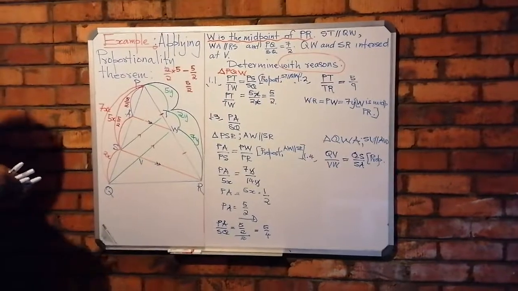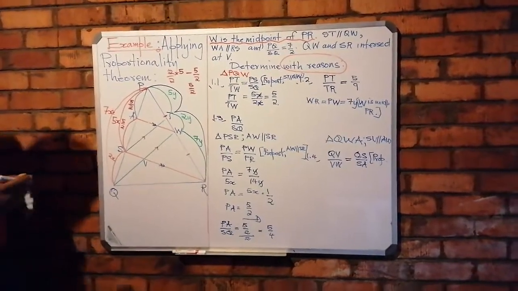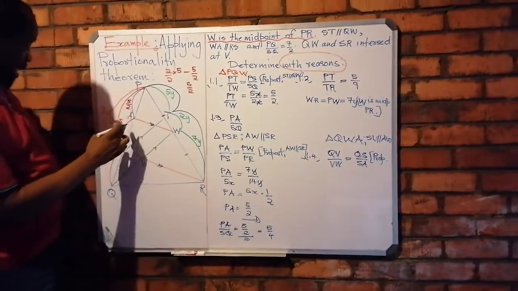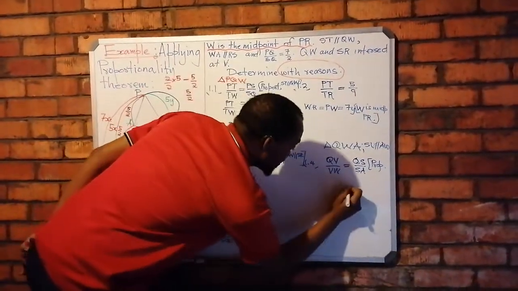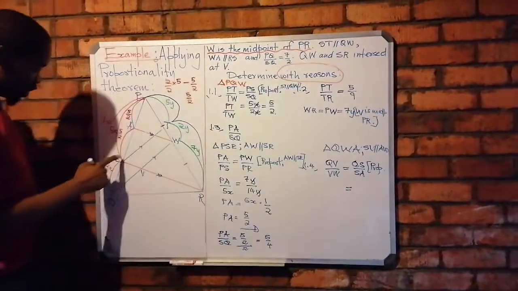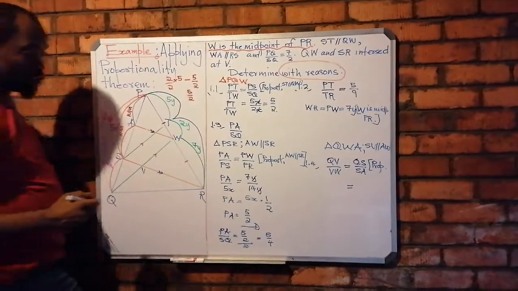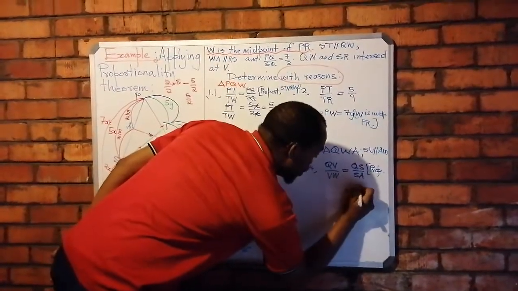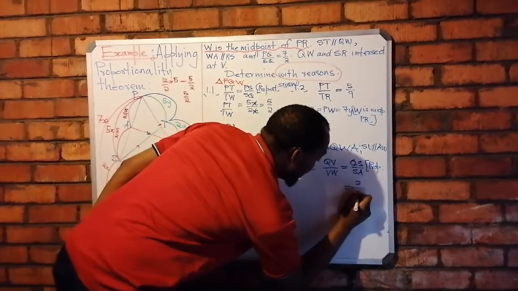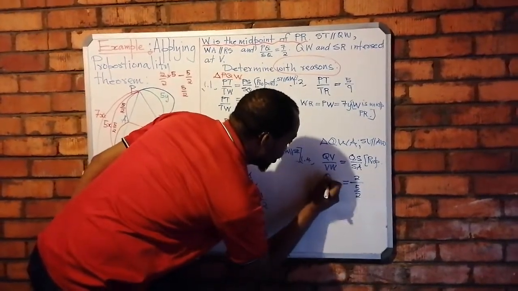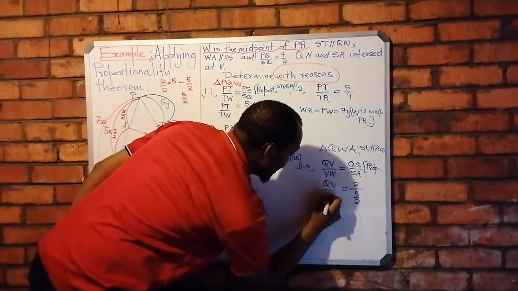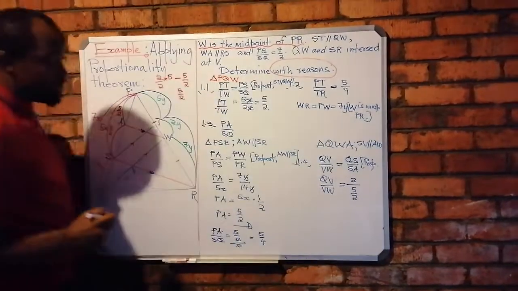Now, let's go and answer our question. AS is 5 halves and QS is 2x. That would be 2 divided by 5 halves. That is QV divided by VW.